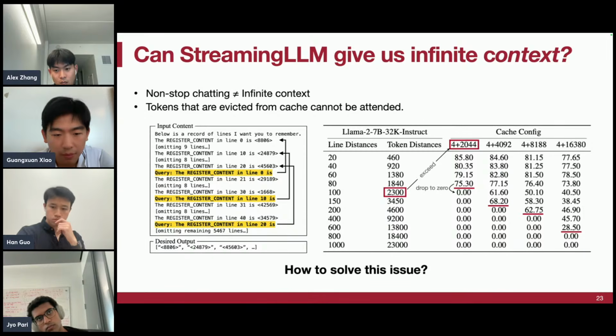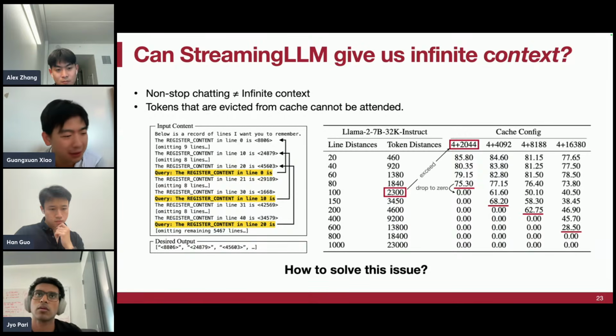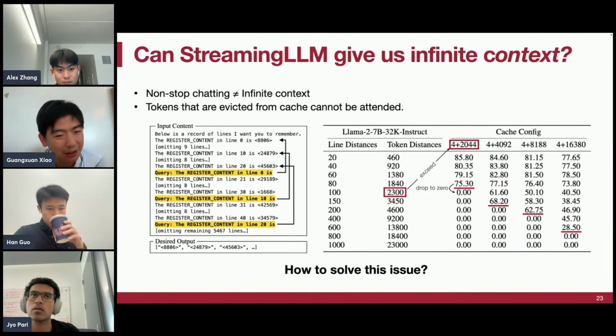I see. Do you think this would happen for any function that normalizes to a probability distribution, or is softmax special in some way? Great question. I think the essence here is that if you ask the model to normalize everything into several numbers, you reduce a degree of freedom of the entire vector.